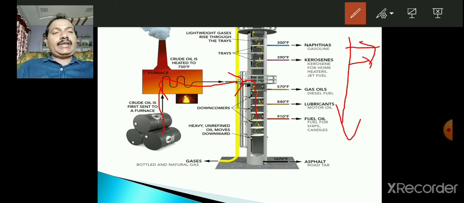At 570, gas oils and diesel fuel are available. At 840, lubricants are available, and at 910, fuel oil is available. And at the bottom, asphalt, road tar, is collected at 1070 degrees Fahrenheit. So you see here different trays are there. These are all trays.